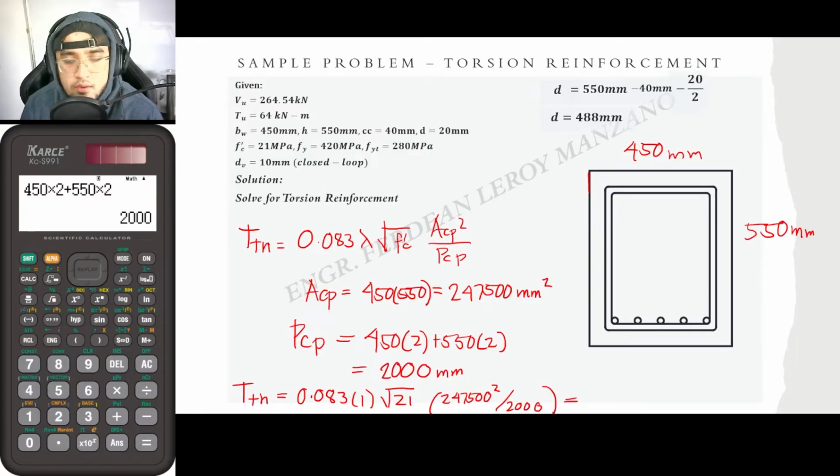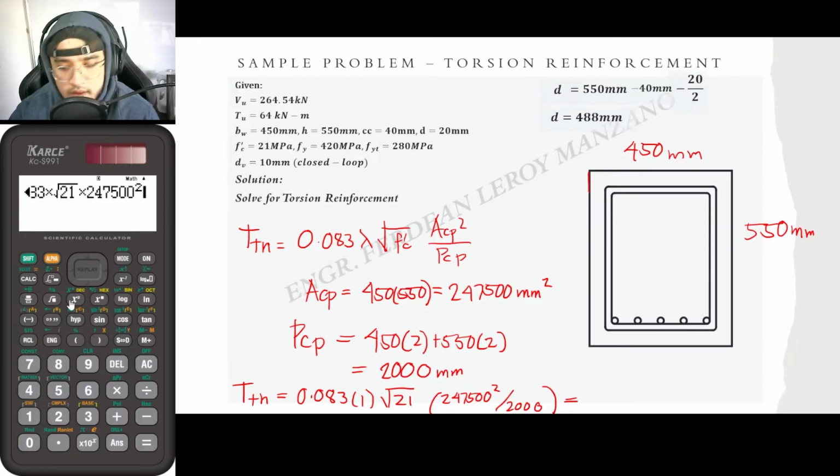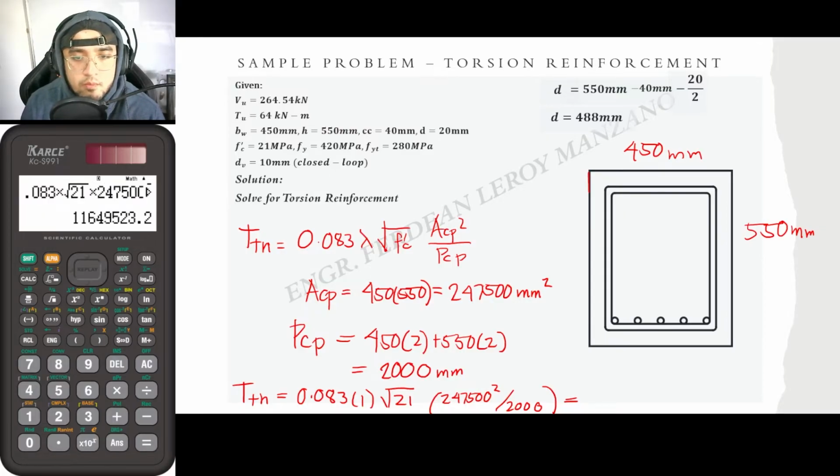This is now equal to, looking once again at the calculator to your left, 0.083 times square root of 21 times 247,500 squared divided by 2,000. So this is now equal to 11,649,523.2. So the units here are newton millimeters.